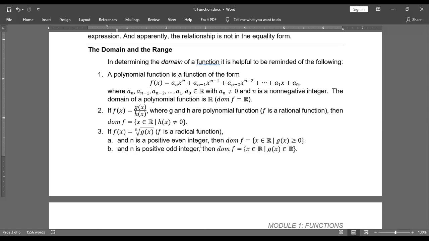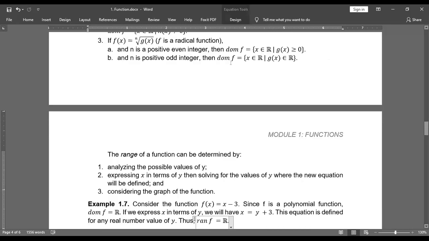And for the range, the range of a function can be determined by analyzing the possible values of x. You have to check, napuputol ba yung connection niya?